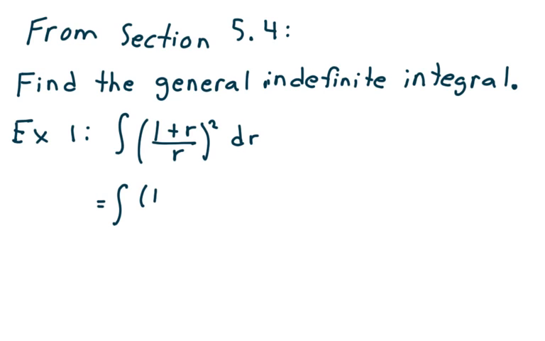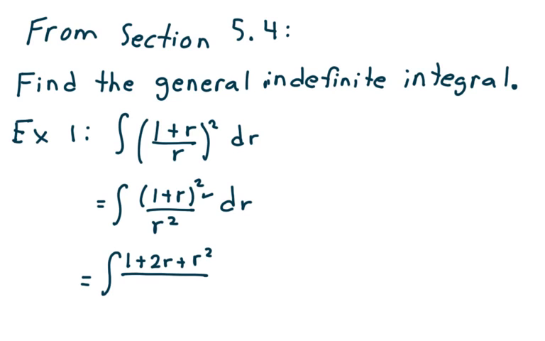So I'm going to write this as 1 plus r to the second divided by r to the second dr. And I'm going to square out the numerator. So this is 1 plus 2r plus r squared, all divided by r squared dr.